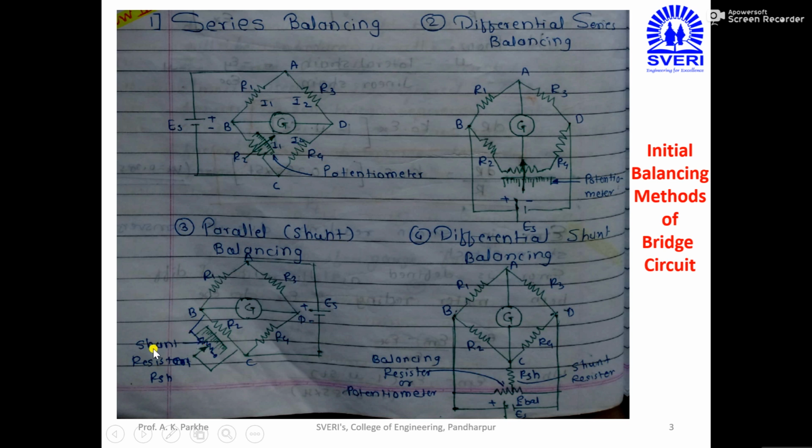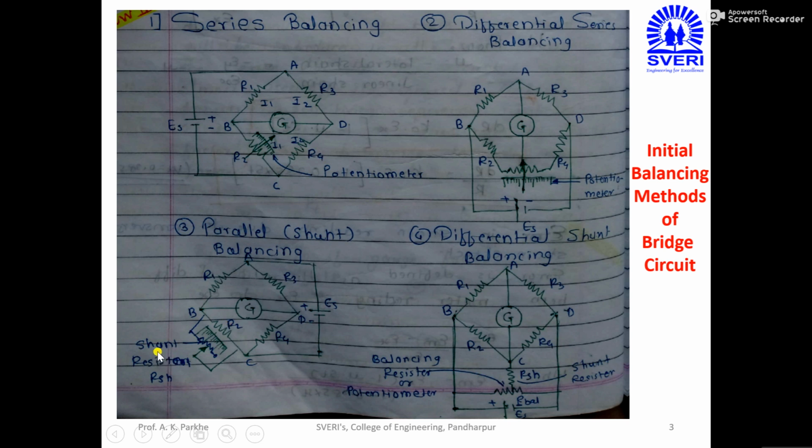That means this shunt resistor has the maximum resistance value as compared to the resistor mounted on the Wheatstone bridge circuit. So this is the property of the shunt resistor. And one more: the maximum change in resistance of the shunt resistor will cause the smallest change in the resistor which is mounted on the bridge circuit.